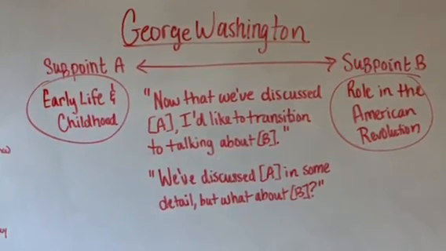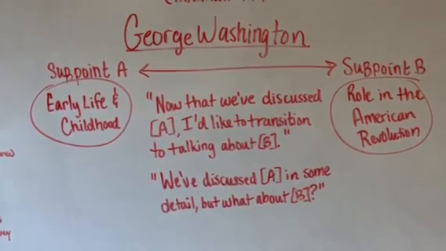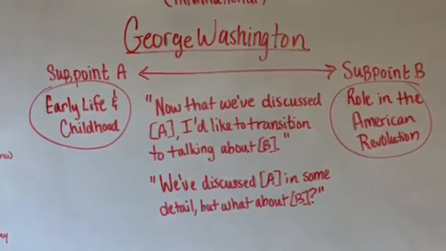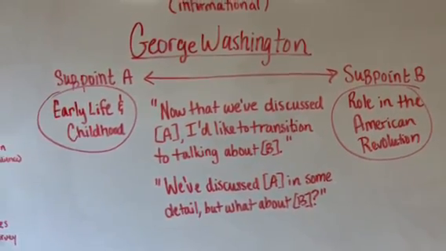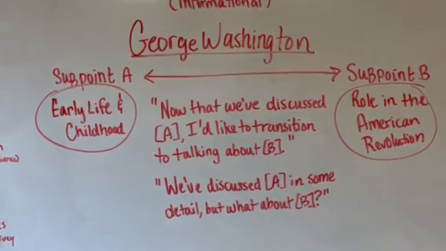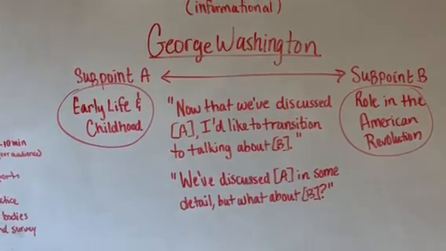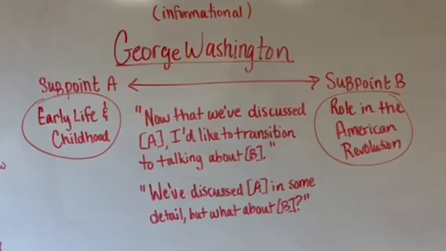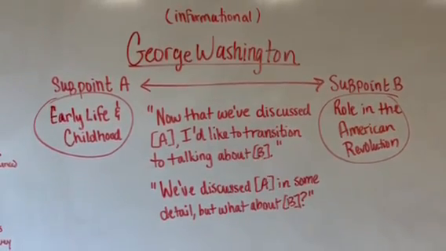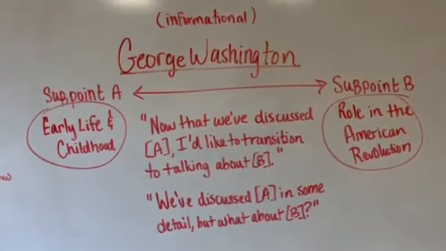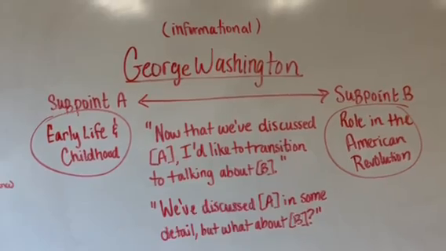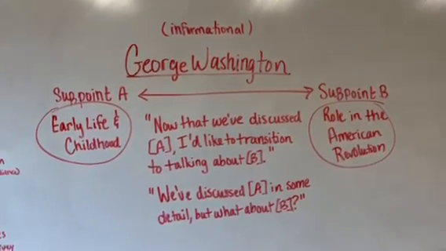So we've talked about A in some detail, but what about B in this case? So we've talked about George Washington's early life and his childhood in some detail, but now let's transition to the topic that we are most concerned about today, his role in the American Revolution.